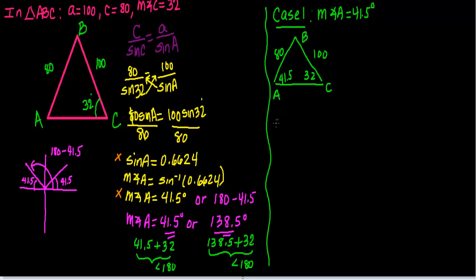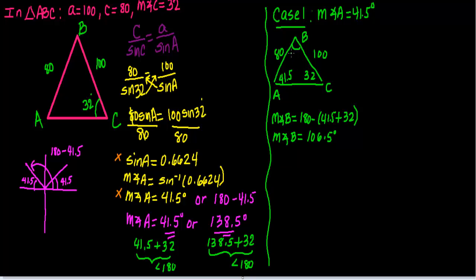We're missing the measure of angle B. The measure of angle B will be 180 minus (41.5 plus 32), and that will equal 106.5 degrees. You found the measure of angle B.